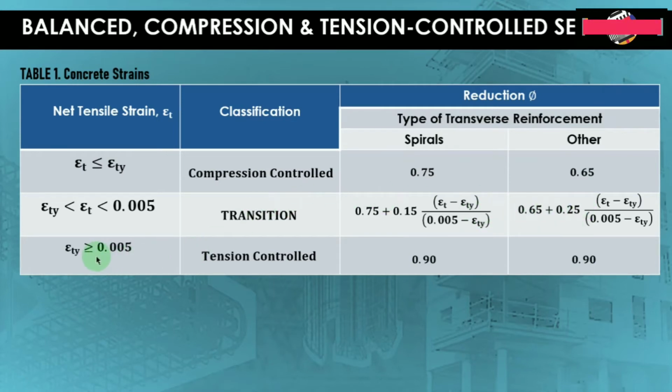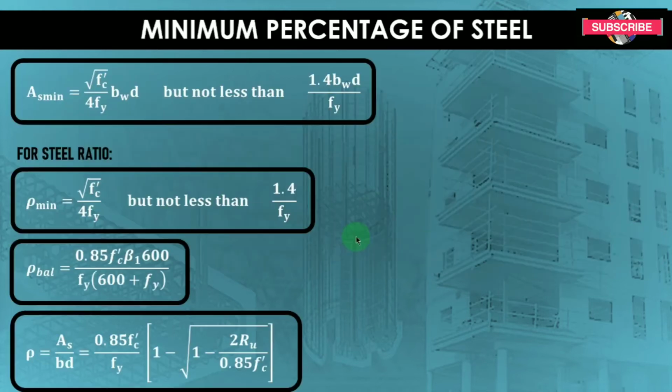And when your epsilon t is greater than or equal to 0.005, so meaning tension controlled siya at ang gagamitin natin is 0.9 kung spiral at saka 0.9 naman kung hindi siya spiral. Okay? So try to remember this table, no? Because this is very useful sa pag-design saka para sa ating problem application.